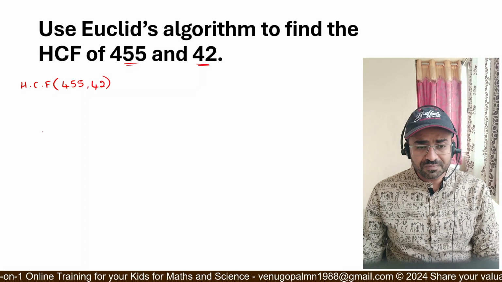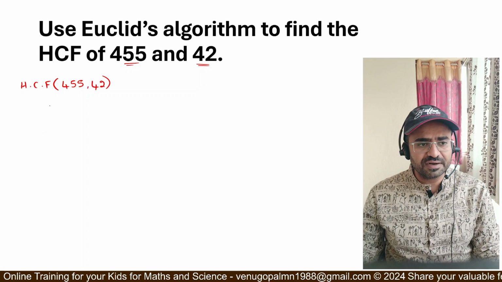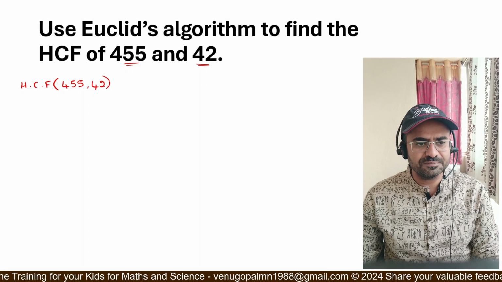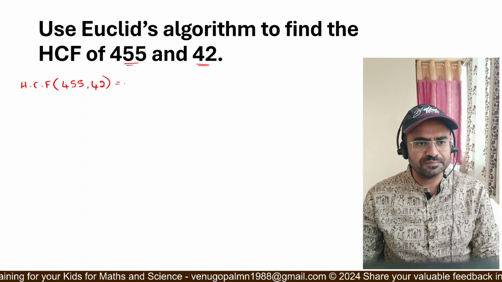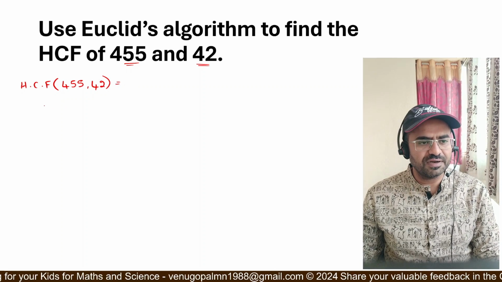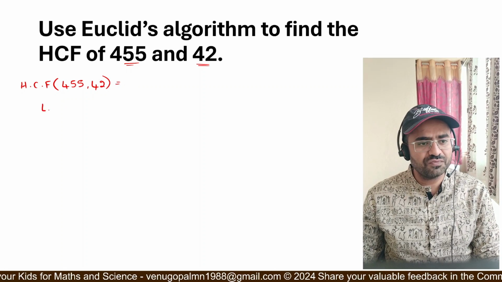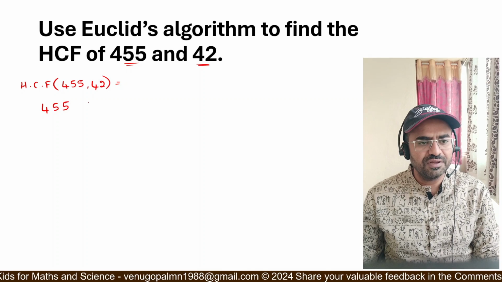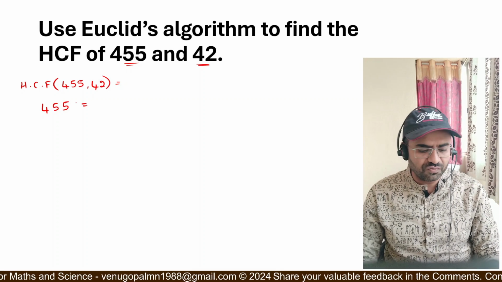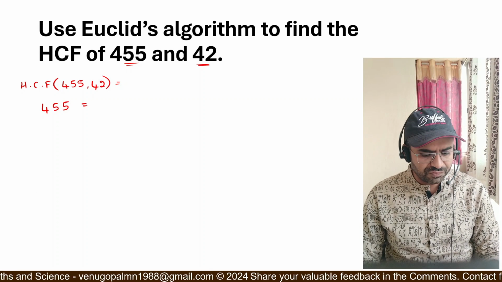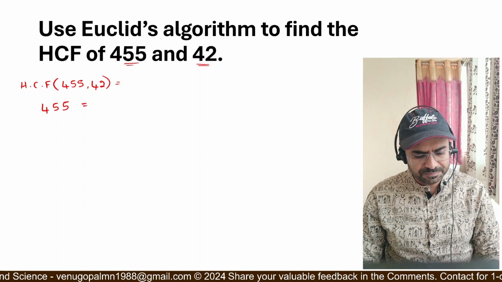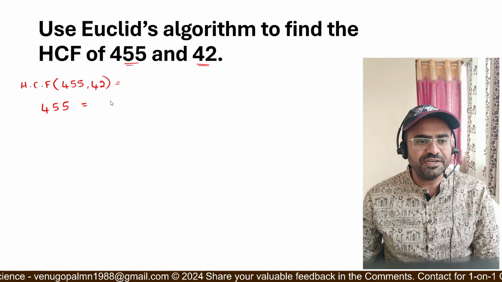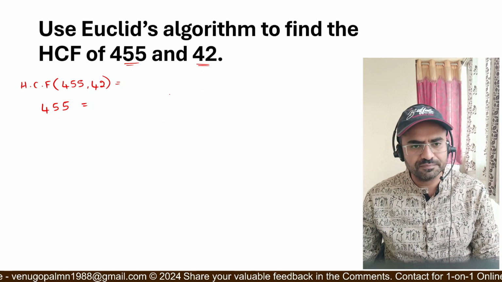So how will we find this? We can write 455 in the form of 42 tens, correct?